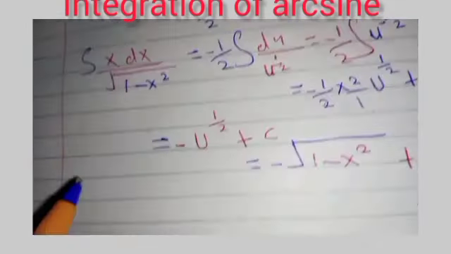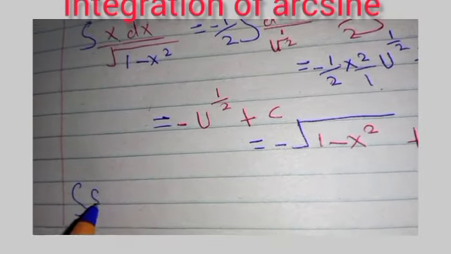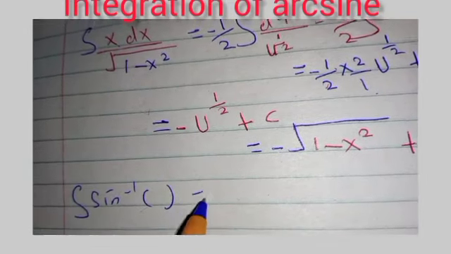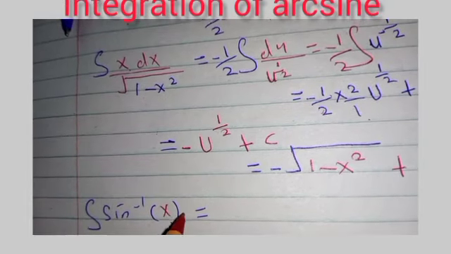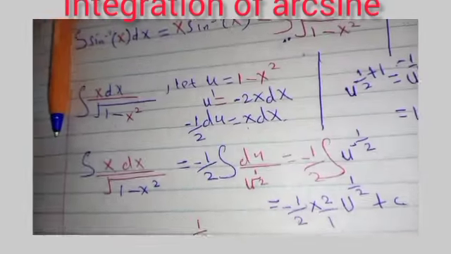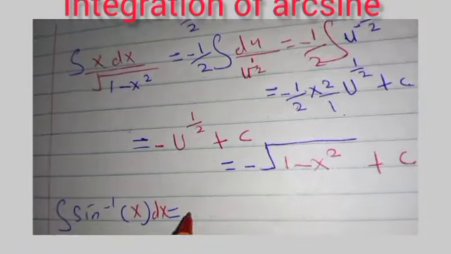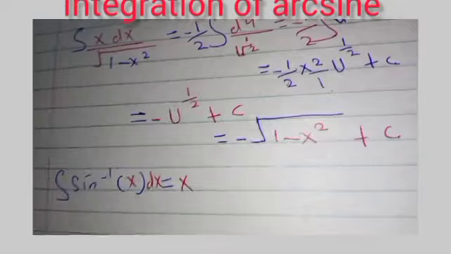We were looking at the integration of sine inverse of x, and of course here you have dx. We had found one of our results to be x. You have x there, sorry.